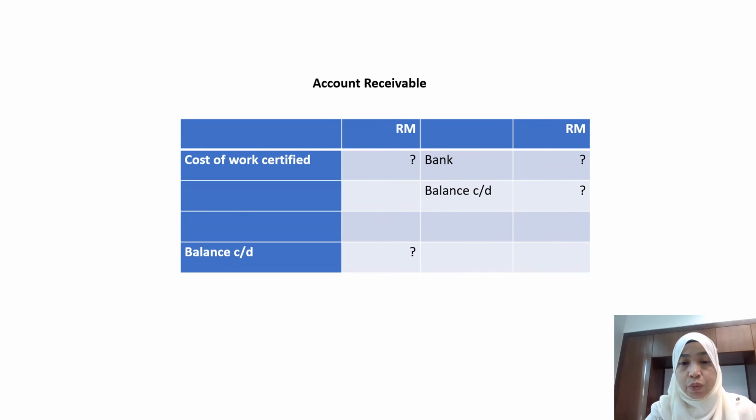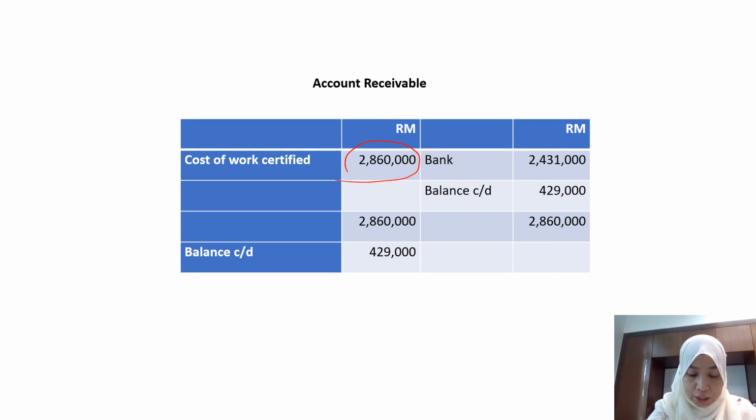And then we proceed with accounts receivable. Under accounts receivable, this is our customers' account. We debit with cost of work certified, and then based on retention money, we record it as balance c/d. So the difference means the amount that the customer has to pay to us. In this case, cost of work done to date is given as 2,860,000.